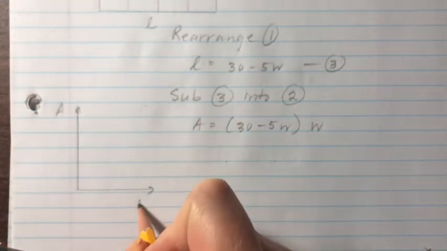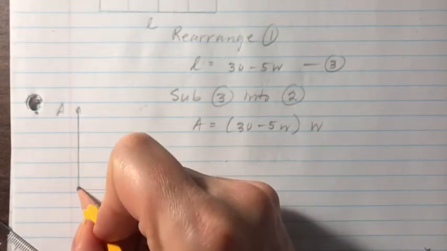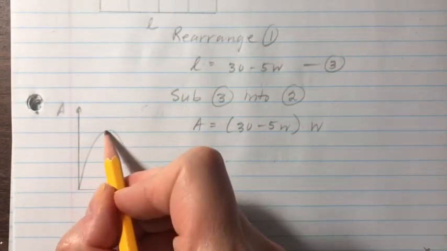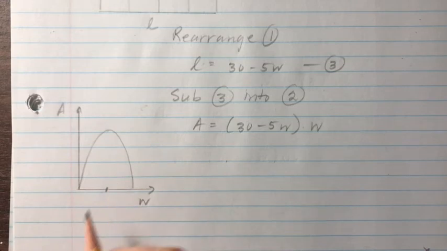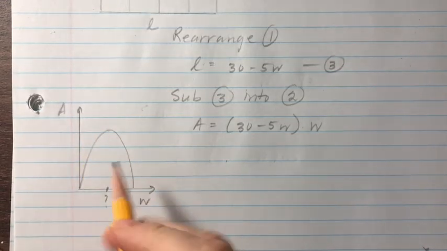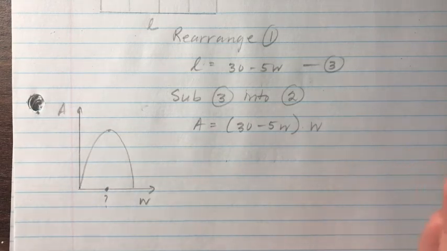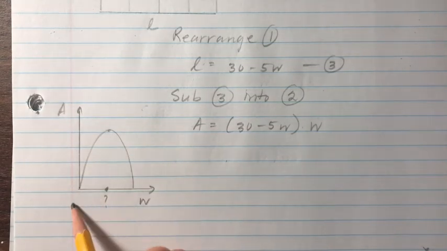This is area and width, and it's going to look something like this. And we're interested in the width that would give us the maximum possible area. So we need to know basically the x-coordinate of the vertex, that first coordinate of the vertex.